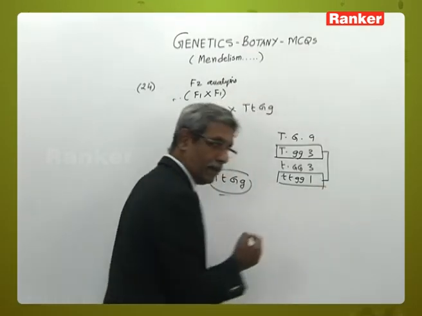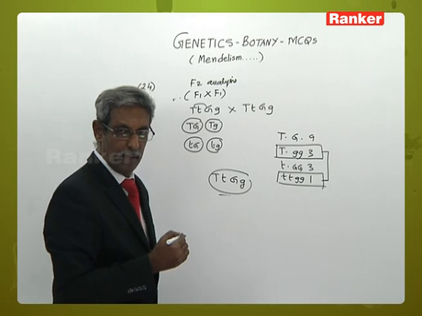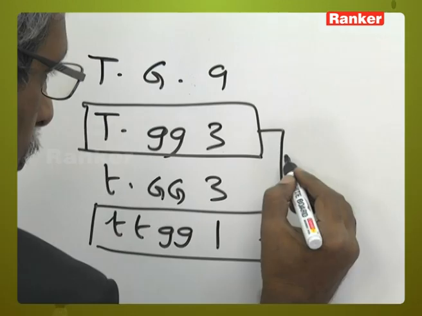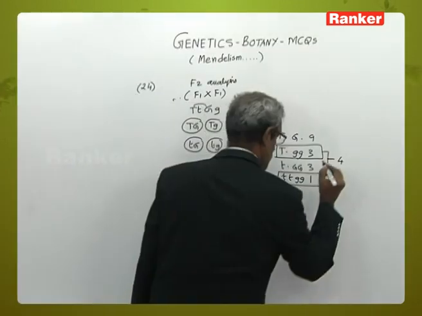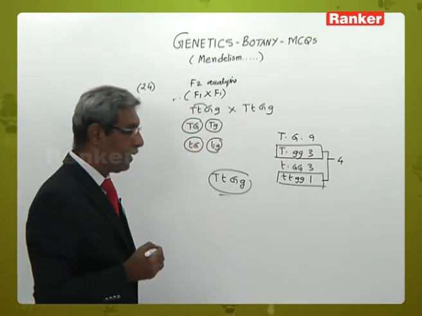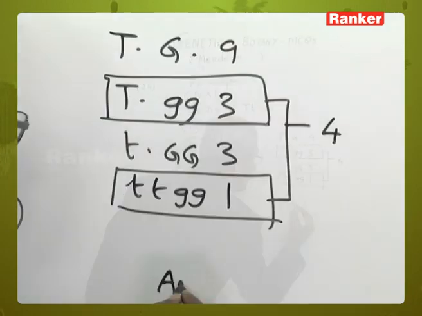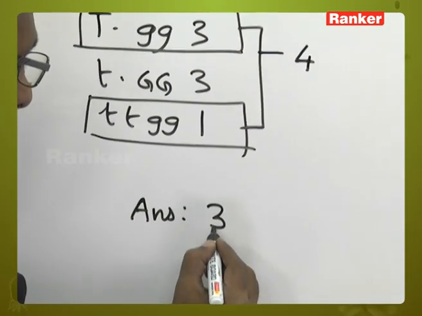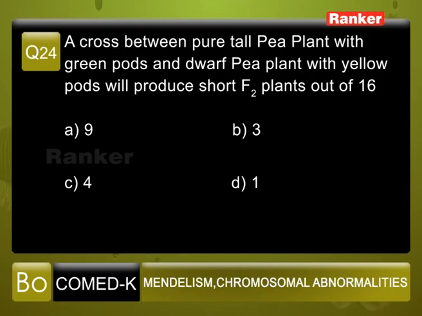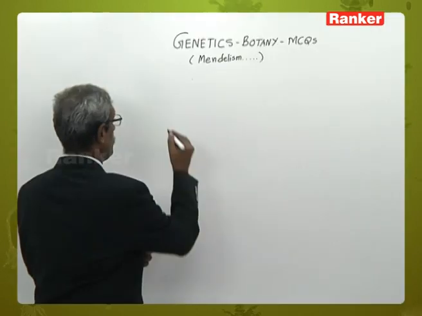So 3 plus 1 together makes 4, 3 plus 1 again together makes 4, and what remains is 3. Answer is 3, hence the choice is B. We go to the 25th question.